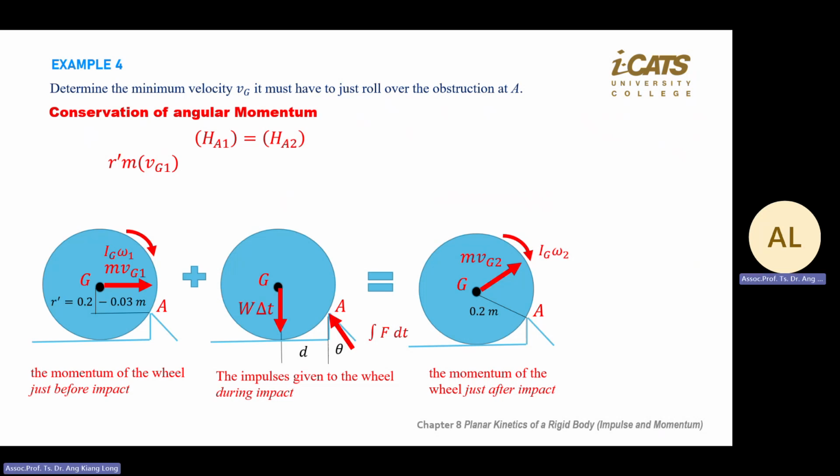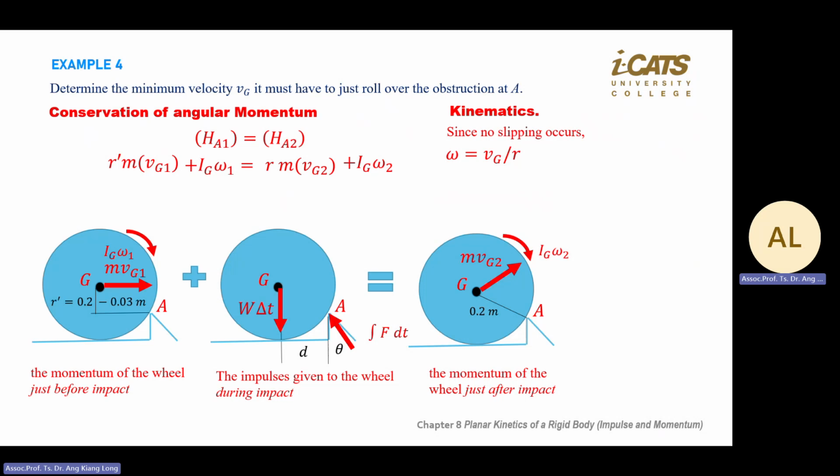This one multiplied by the perpendicular distance, mv multiplied by this distance, plus I omega, already a moment. Okay, 2 is this one. And the perpendicular distance we don't know. Perpendicular distance R we know, and I omega 2.